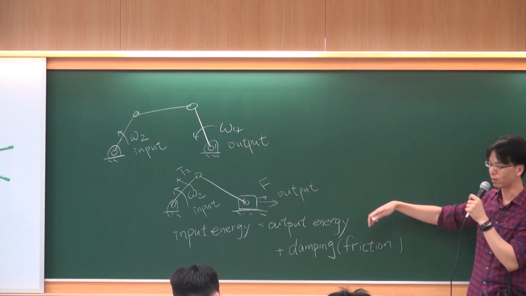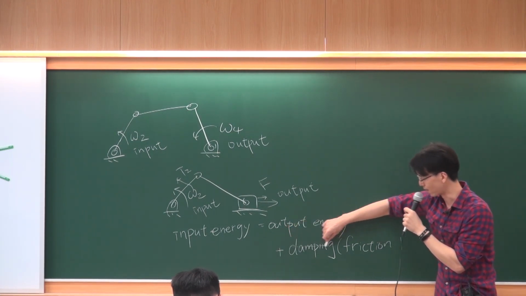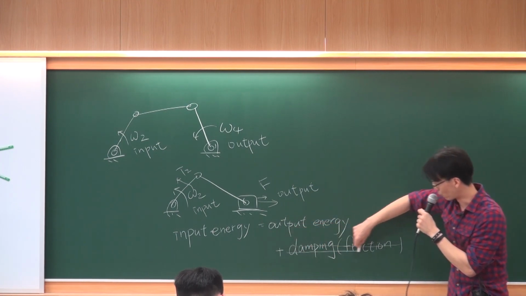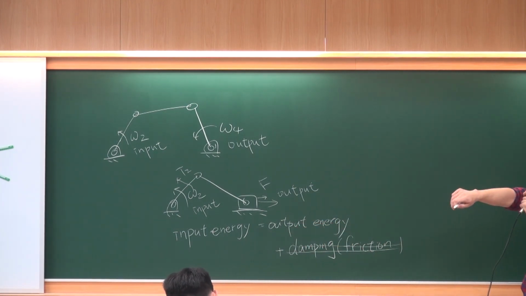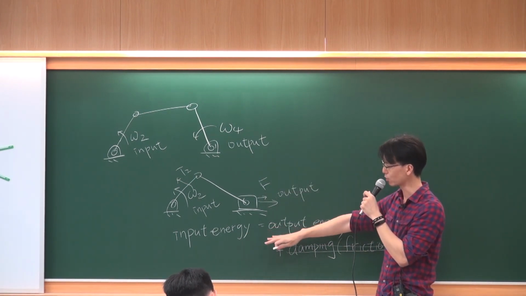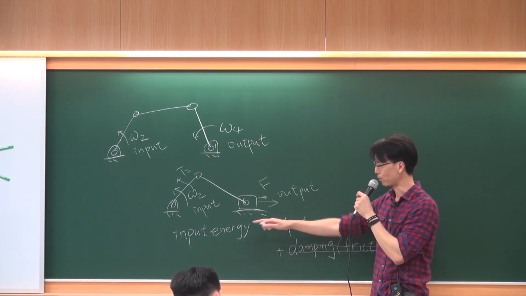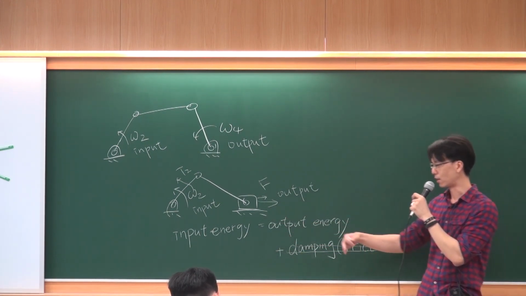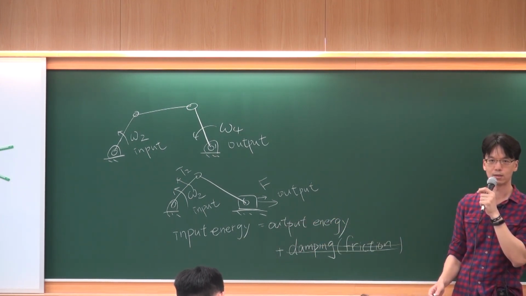But if we assume there's no friction, let me remove this one for now. If there's no friction within this mechanism, then there should be no energy loss from input to output. So the input energy should be the same as the output energy, right?